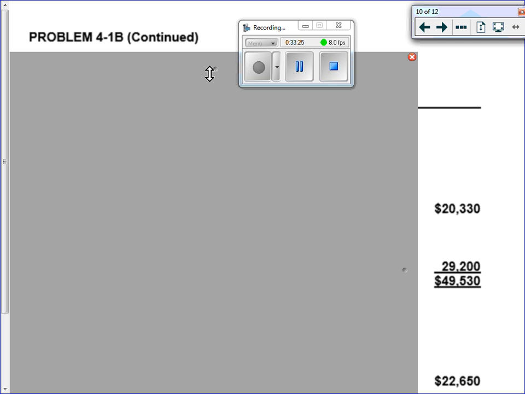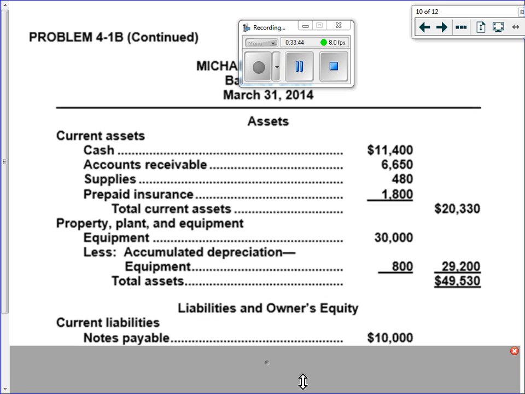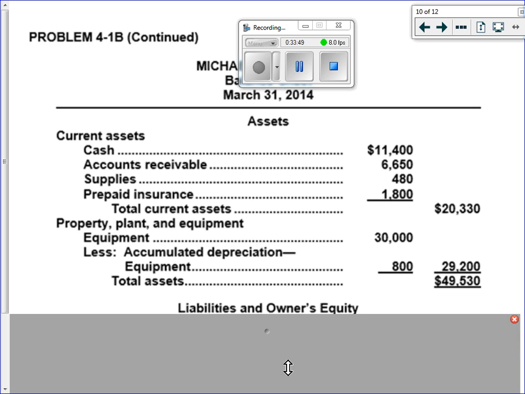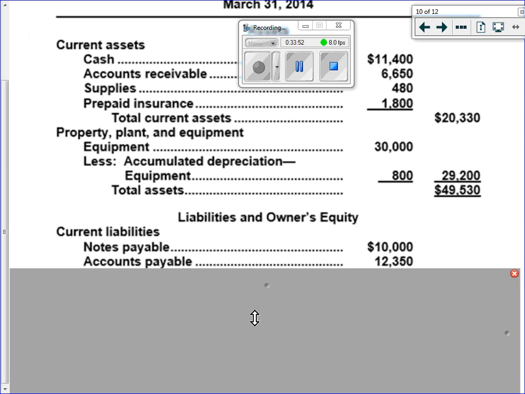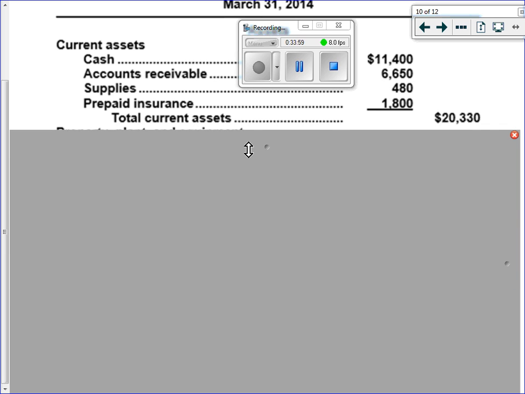Your assets equaling liabilities plus owner's equity will be $49,530. So on your classified balance sheet, it will be $49,530. I think it may be a little bit helpful to show you that you're going to have 2 of the 4 classifications under assets. And you'll have just the current liability again.